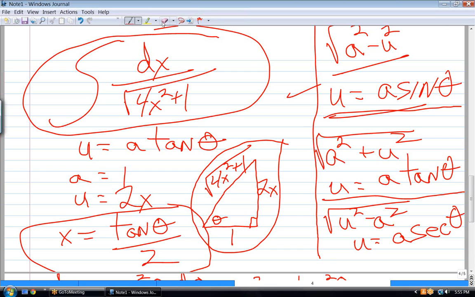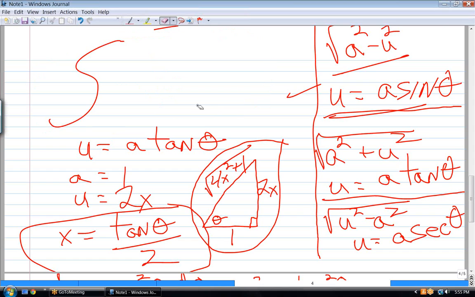Let's look at one that has a variable in the numerator. It would be the square root of x squared minus 3. This was one you were talking about.